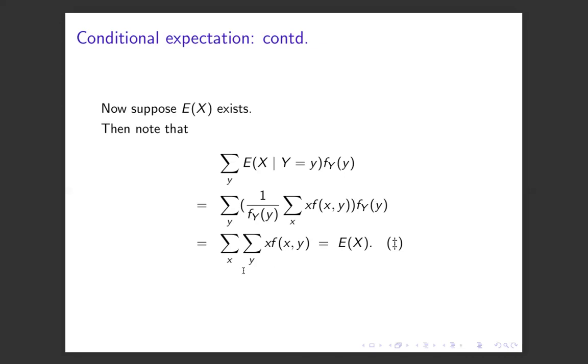So the net expression is the summation over x, summation over y, of x times f of xy, for all xy for which f of xy is positive, which is precisely the expectation of x we have seen in the last class.